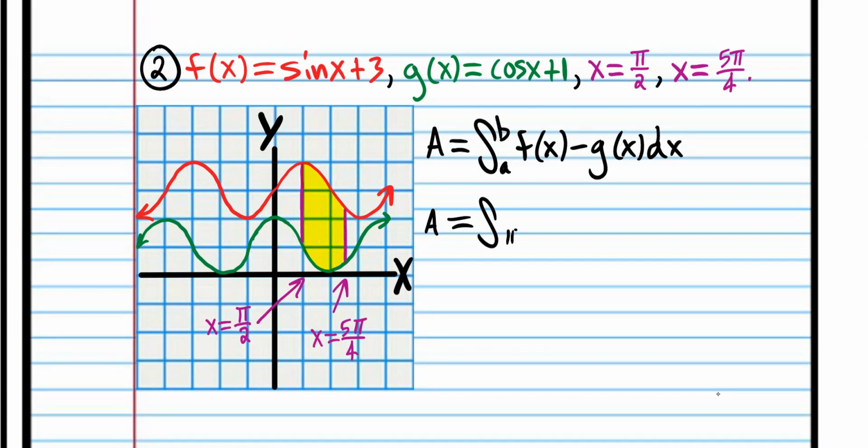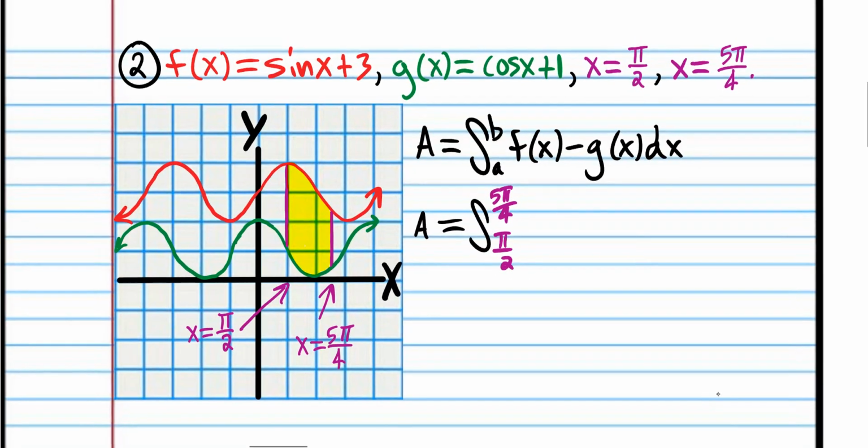So we're going from pi over 2 to 5 pi over 4. And we'll make those purple limits of integration just so you can see where those numbers came from. And f of x is sine x plus 3. And g of x is cosine x plus 1.